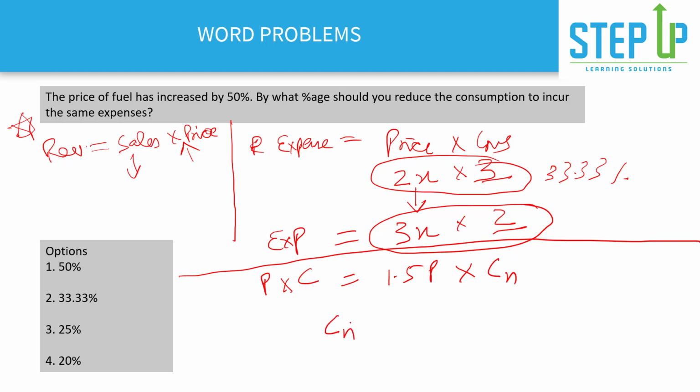So if you solve this equation, P gets cancelled. Your new consumption becomes 0.66 of C. That means how much it has reduced? 1 minus 0.3333. So by what percentage should you reduce the consumption? It should actually be 33.33%.